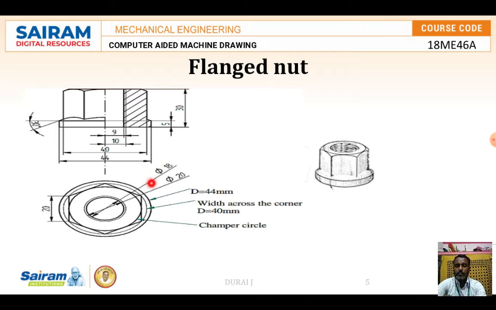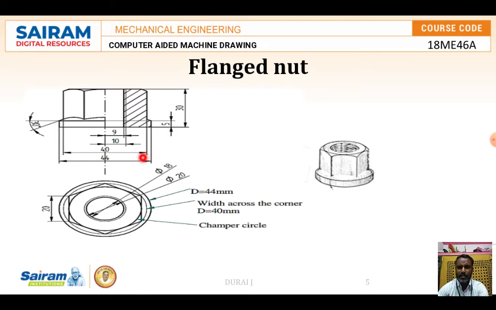Where the thread is, the thread diameter is 20 mm, and the hole diameter is 18 mm. The internal hole diameter is 18 mm, the thread diameter is 20 mm. Then 9 mm from the hole size, and the thread depth is 10 mm.